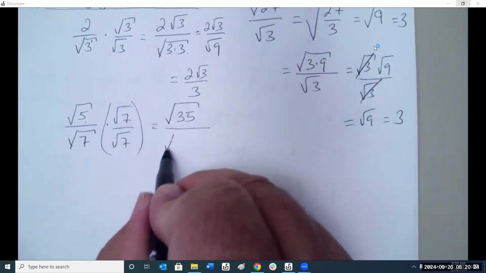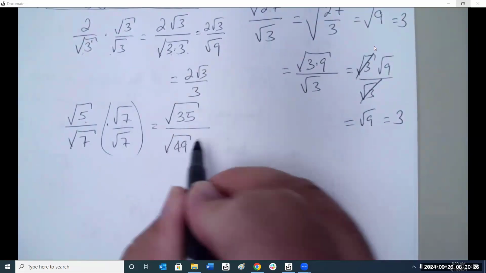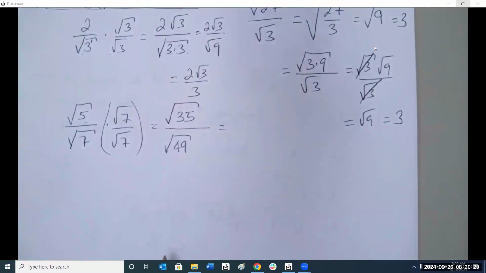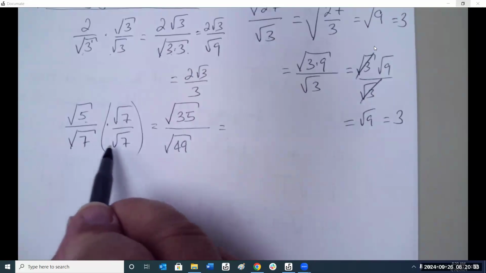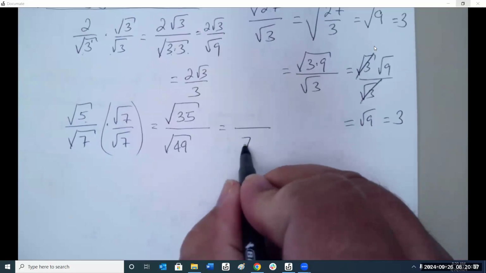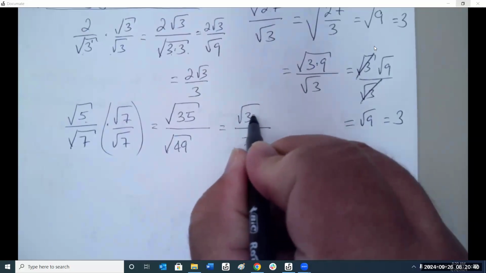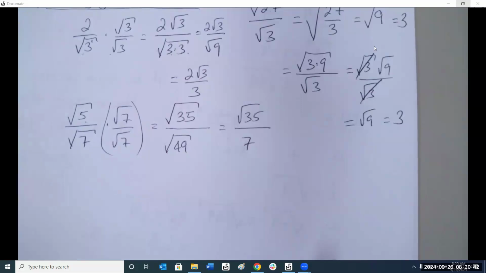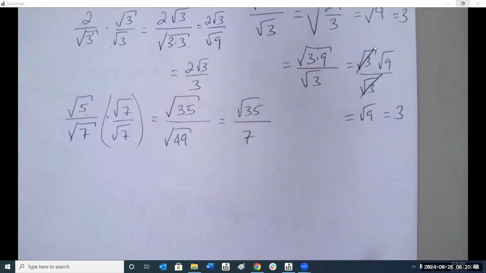On the bottom, 7 times 7 is 49. So square root of 49 is 7. And 35 doesn't break down any, because it's made up of 2 prime numbers, 5 and 7. So that's rationalizing the denominator, which is going to be important at the end of this section we're talking about here.